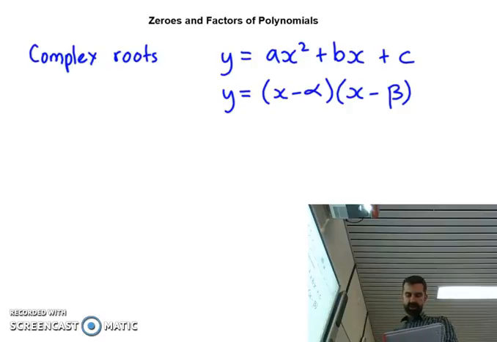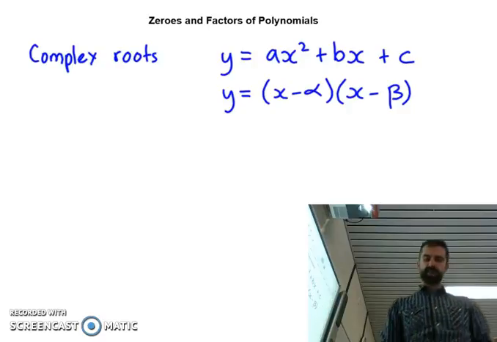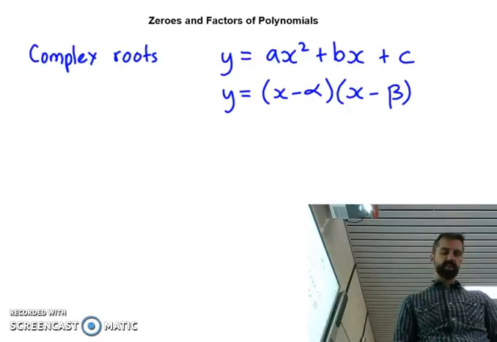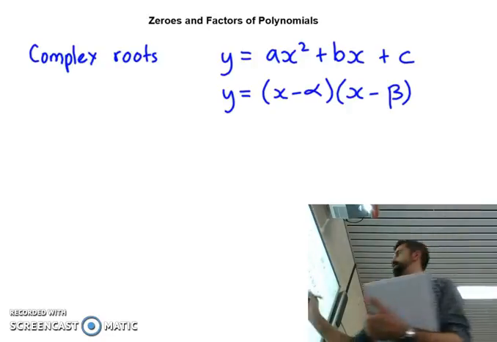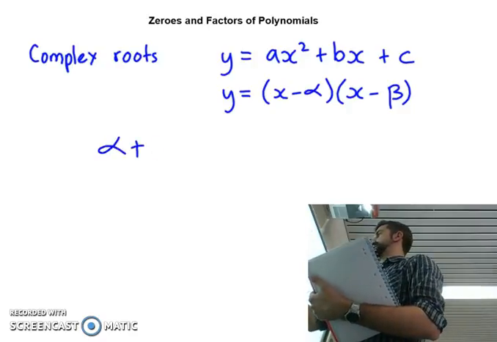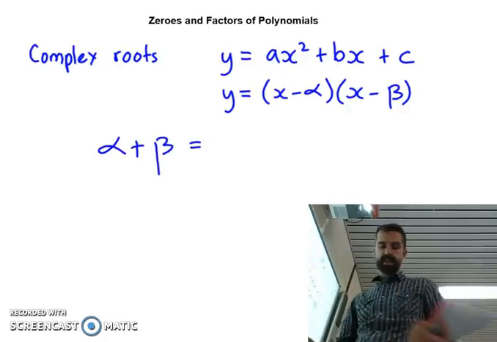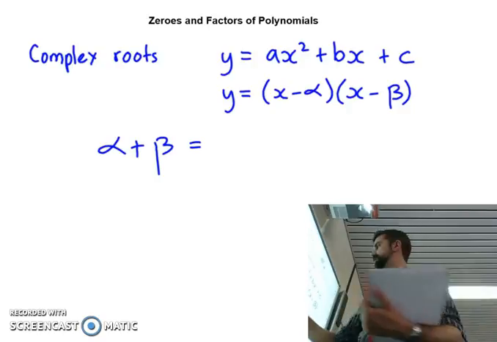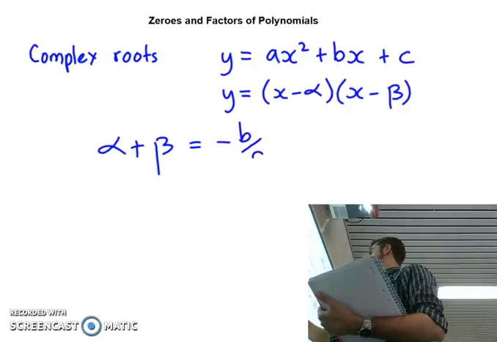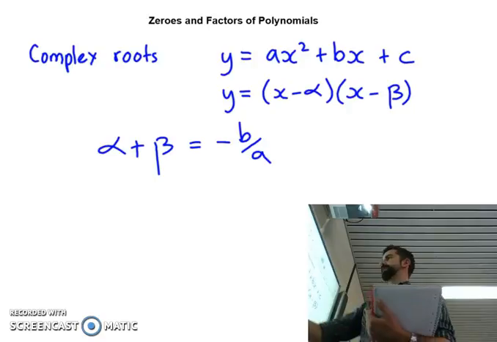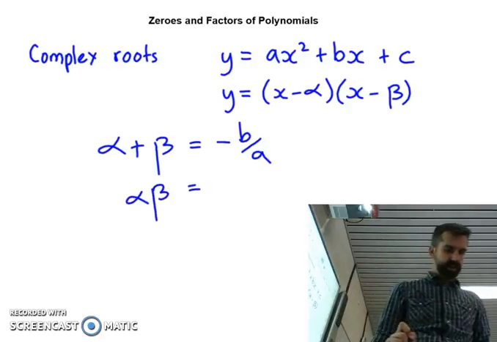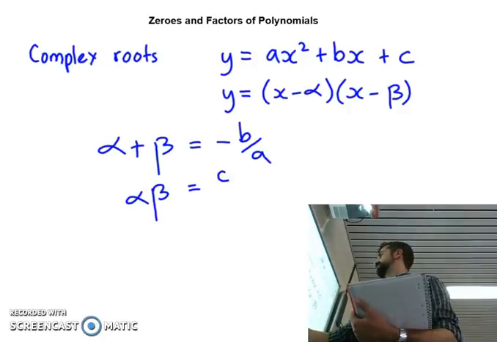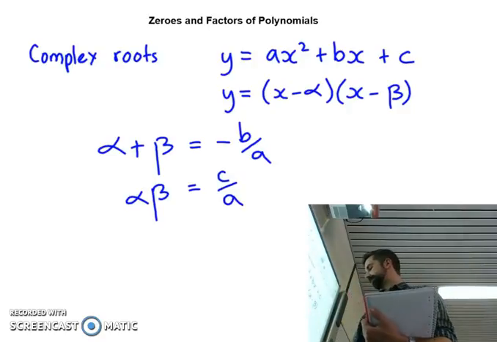If this is the case, then one of the things that you can derive for a quadratic says that alpha plus beta has to equal -b over a, and alpha times beta has to equal c over a.